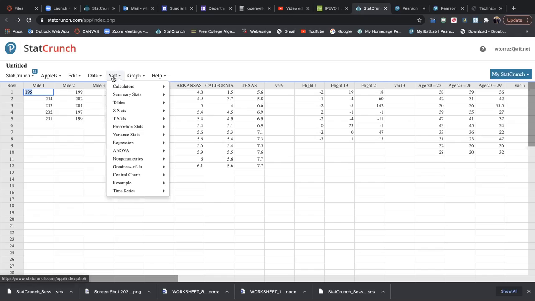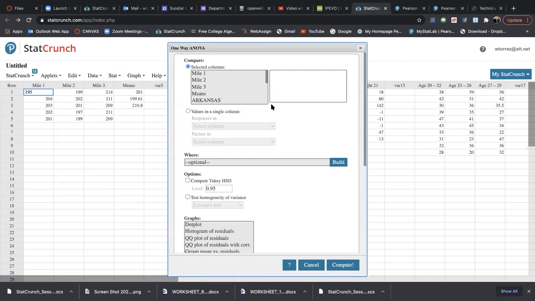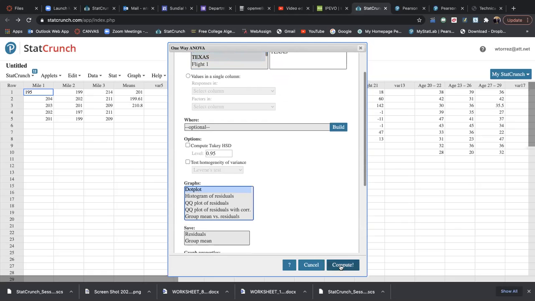So let's do that. We'll interpret the results when we get done with this test, okay? So let's go to our ANOVA again, choose one way, and then choose these 3 states here, Arkansas, California, and Texas. So these 3 states here now, we'll look at the hypothesis test. The mean amount of arsenic is the same across the 3 states, okay? And I'll show you the dot plot as well.